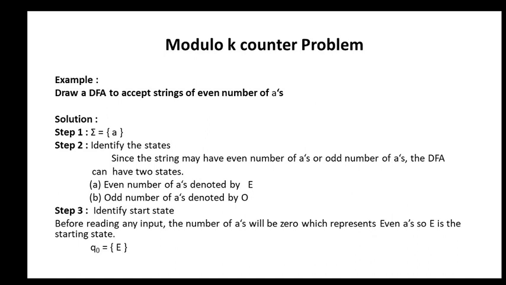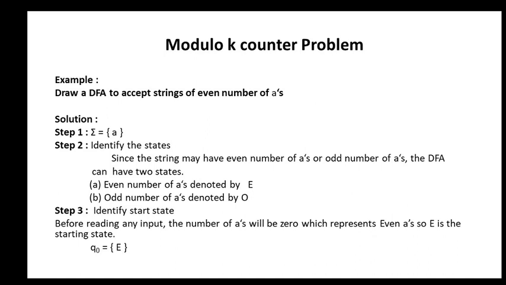In step 3, identify the start state. Before reading any input, the number of A's will be 0, which represents even A's.